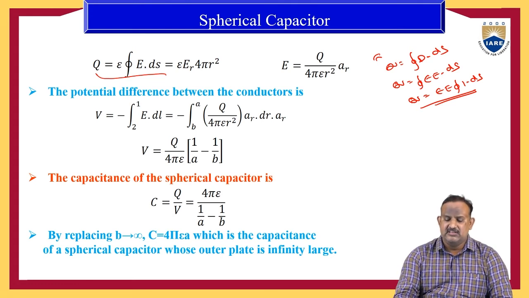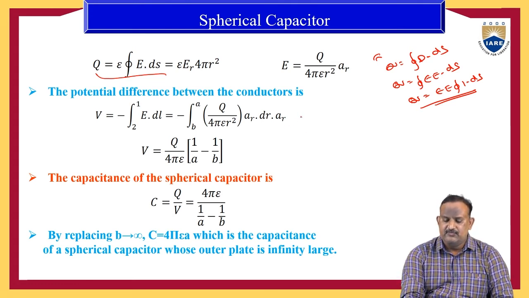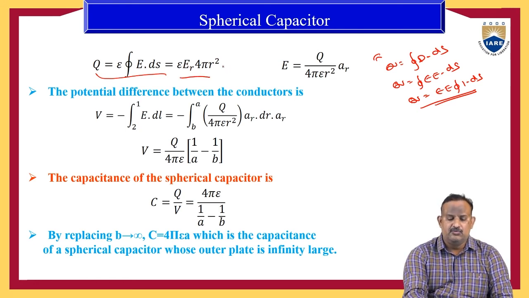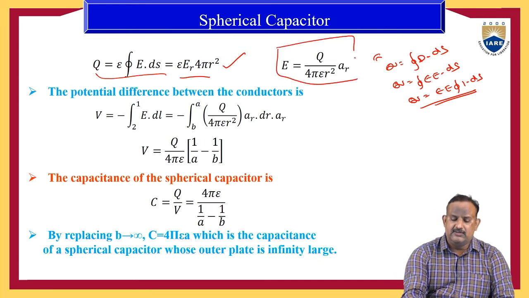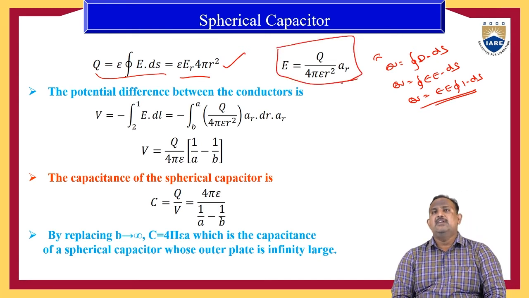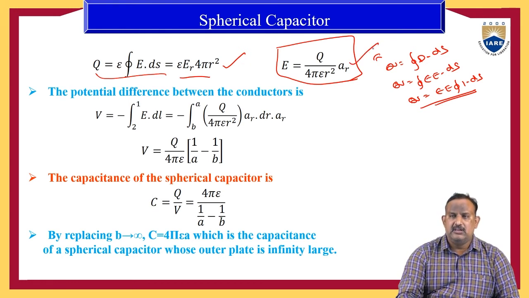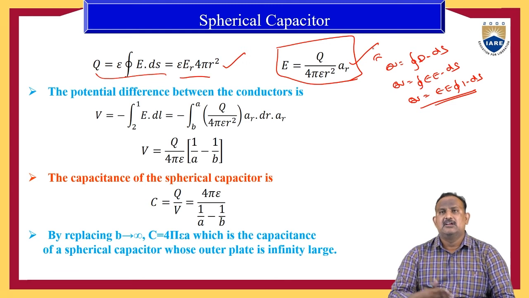The surface area of a sphere is 4 pi r square. Therefore, Q is equal to epsilon into E r into 4 pi r square. From this we can find the electric field intensity E is equal to Q by 4 pi epsilon r square into a r, where a r is the unit vector along the radial direction.